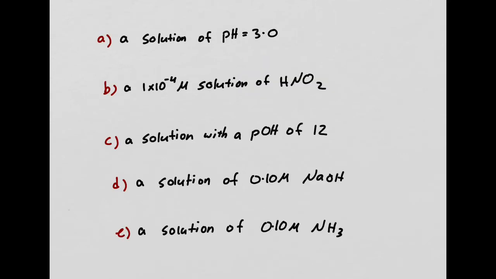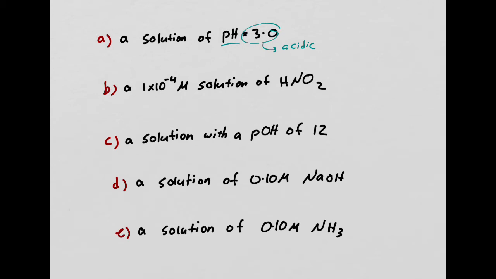Let's do this. All right. The first one, I have a pH of 3. Now, a pH of 3 is an acidic pH, right? So this is an acidic solution. Do you guys agree? This solution is pretty acidic.